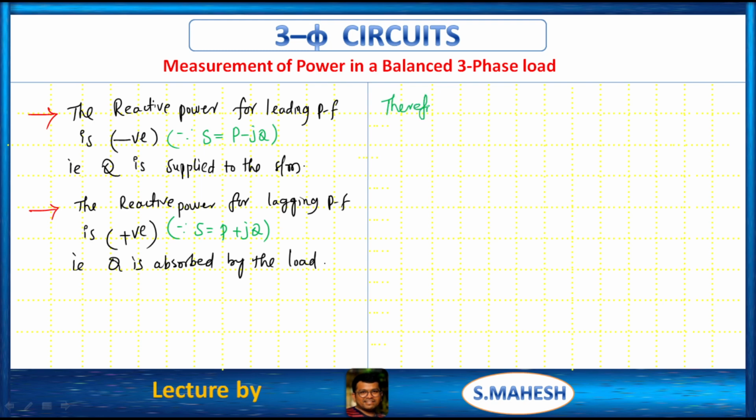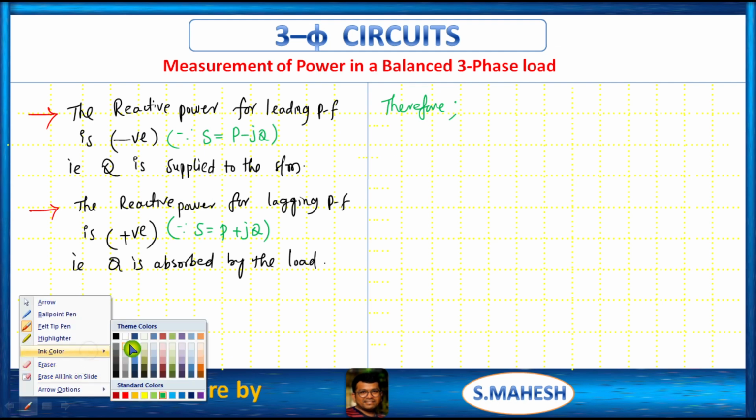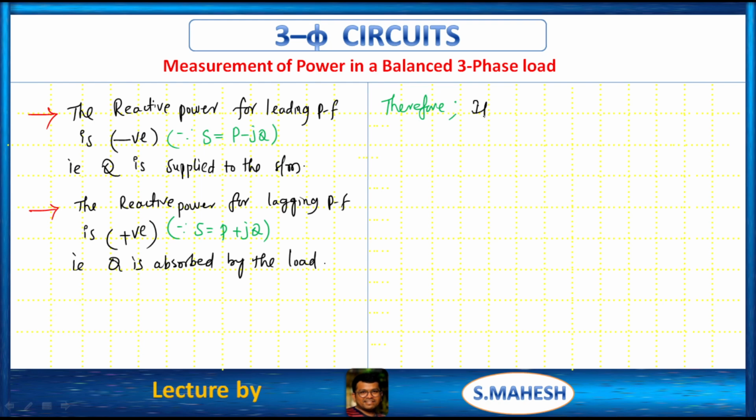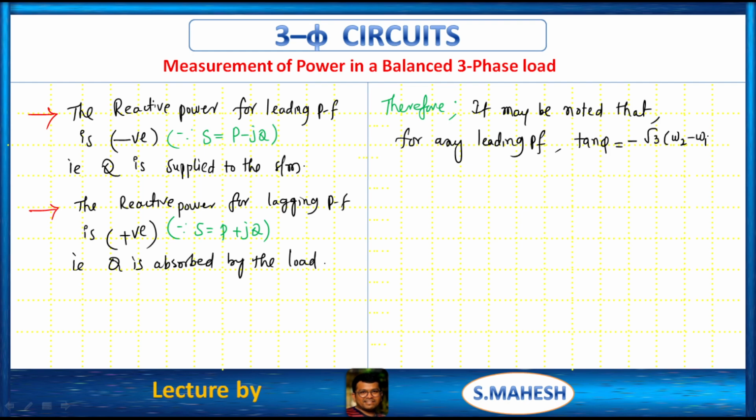Therefore we can say, it may be noted that for any leading power factor, tan phi is equal to minus root 3 (W2 minus W1) by (W2 plus W1).